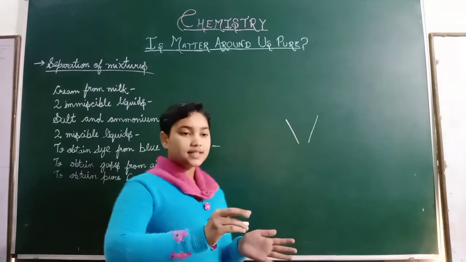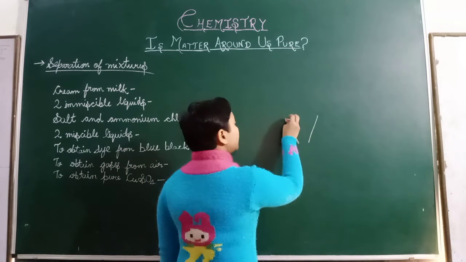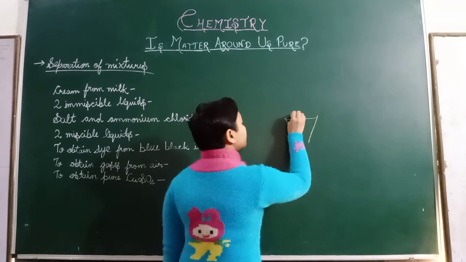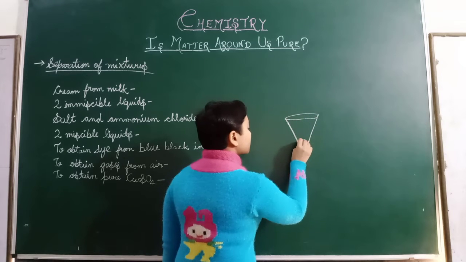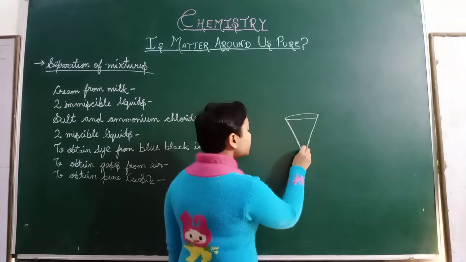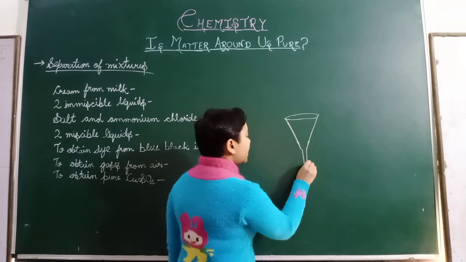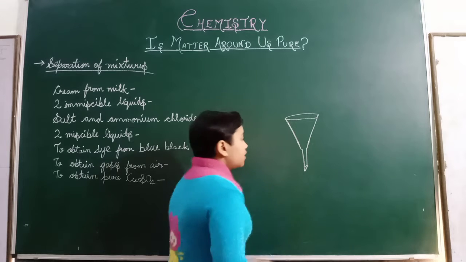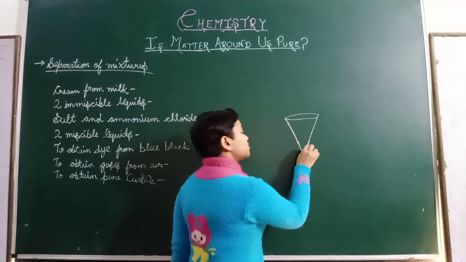When the cone is turned upside down, then it will become the separating funnel. So it looks like this and it has a tube on the edge of it. So separating funnel, and here is the tap.